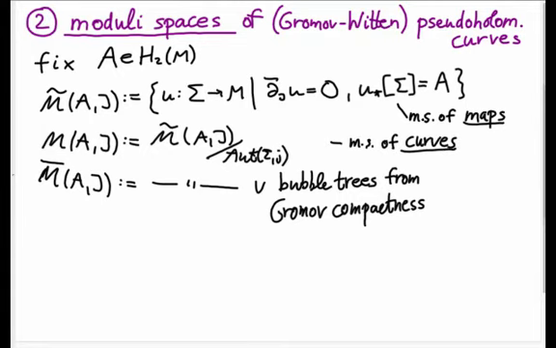And once I've compactified, I would call it the compactified moduli space of curves. More precisely, you should say the Gromov compactified moduli space, because there are many ways of compactifying a metric space.